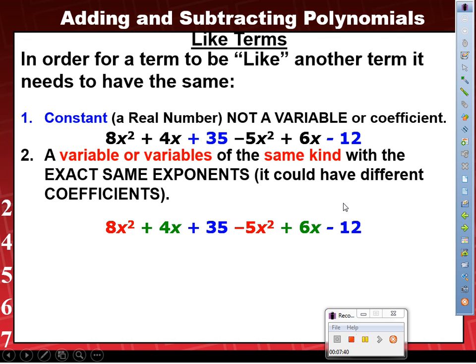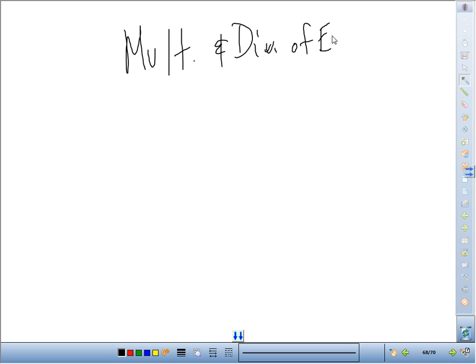Now, let me take a little sidestep, because this is what I started seeing from some of you making some mistakes. In the past week or so, we were looking at multiplication and division of exponential expressions.